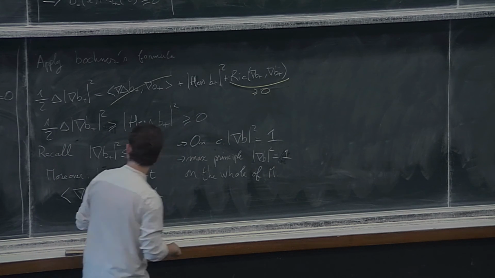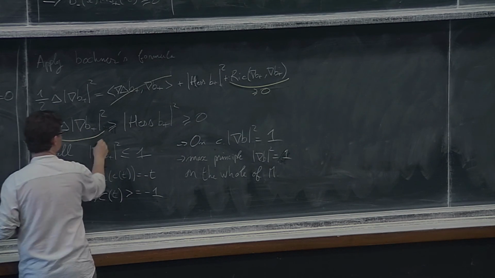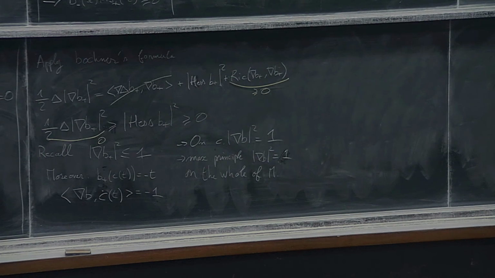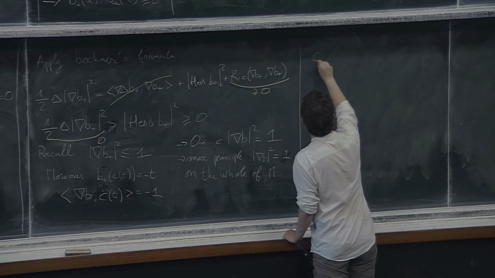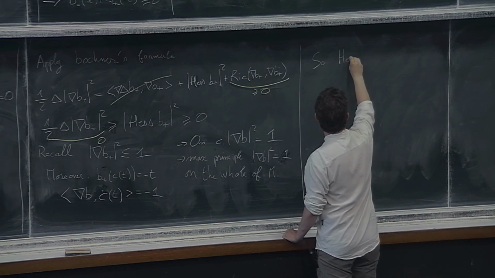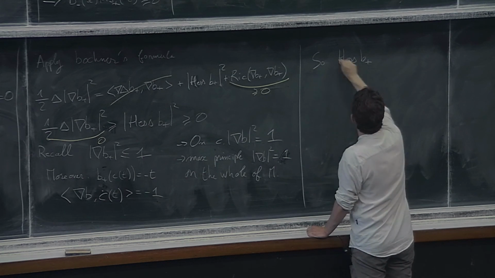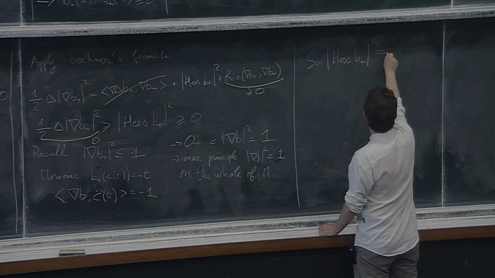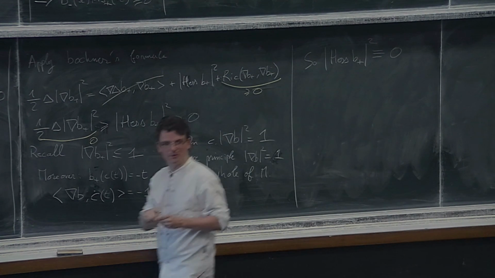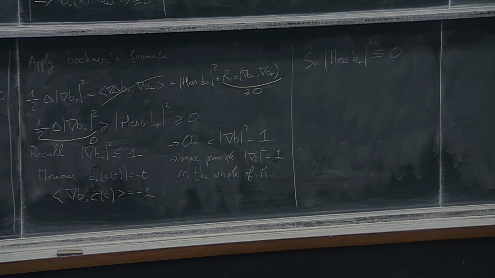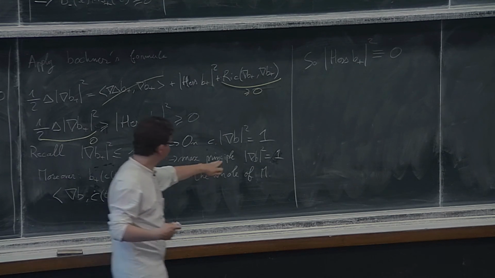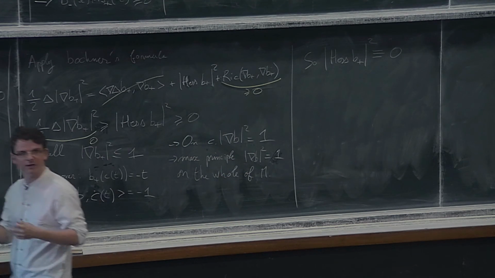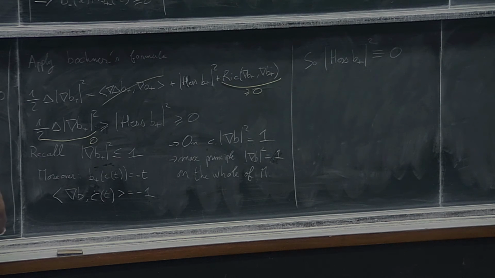Okay. So this here actually vanishes. So then Hessian of b plus squared is identically equal to 0. Okay, what does that mean? So gradient b plus is equal to 1 everywhere. That means that b plus is a distance function.